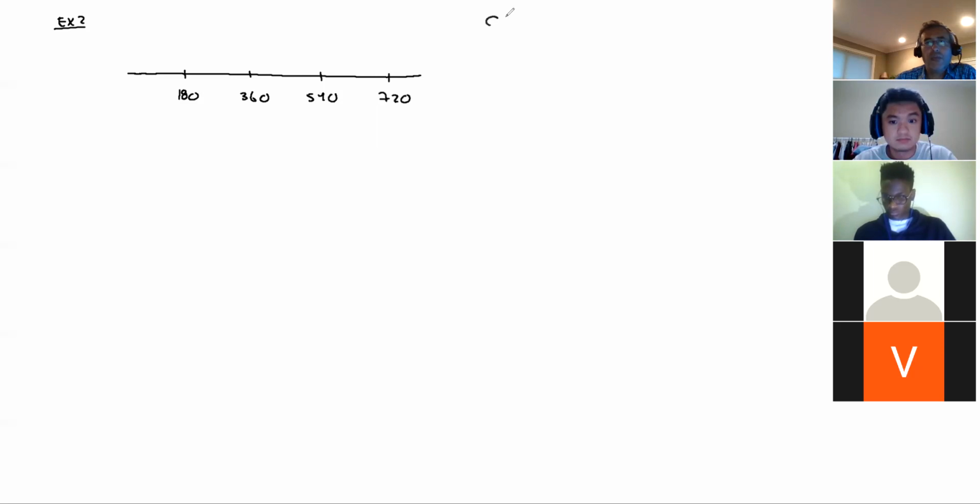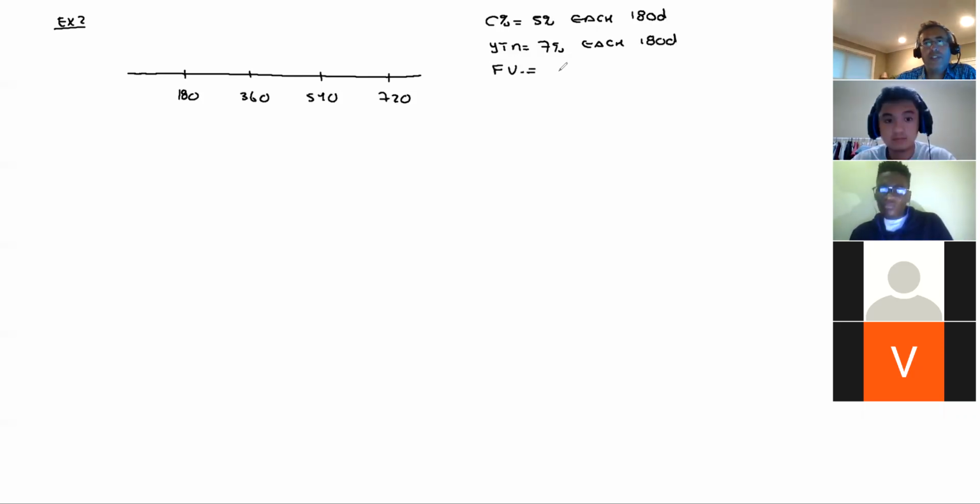Let's assume the coupon rate equals 5% each 180 days. Let's assume the yield to maturity equals 7% each 180 days, just to make it easier. Let's assume that the face value equals $100,000. And let's assume that you buy the bond on day 160. So you are here, and I want the price of the bond here.